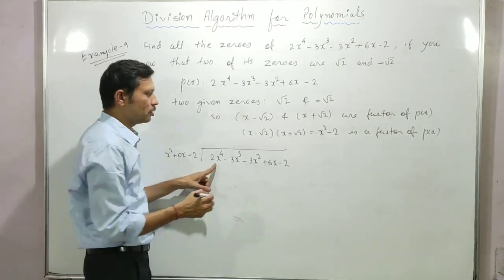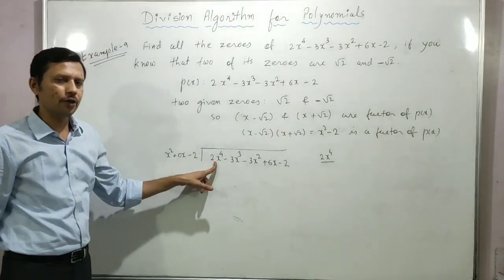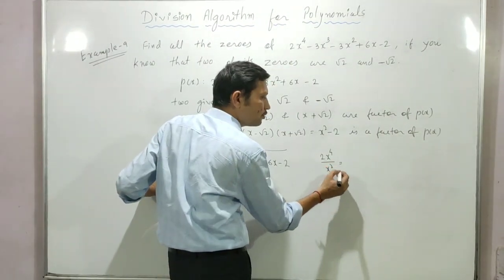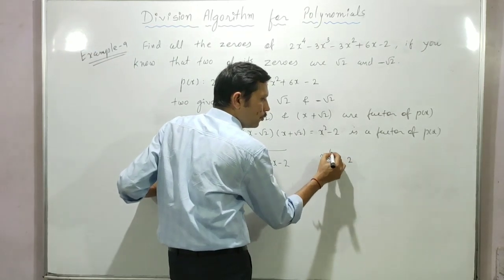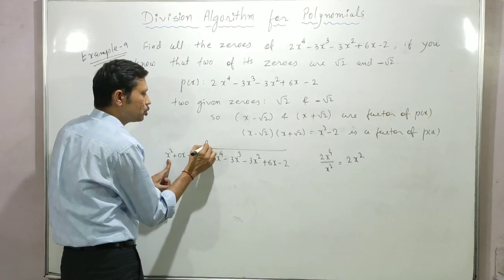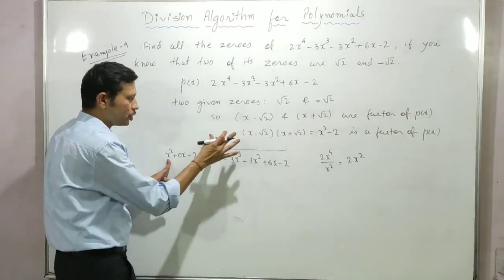Now for the first term of the quotient, your dividend first term should be divided by the first term of the divisor. So what is left? From the 4 power I subtract the 2 power, so 2 power left, so it will be 2x square. Okay, that's the first term of the quotient.